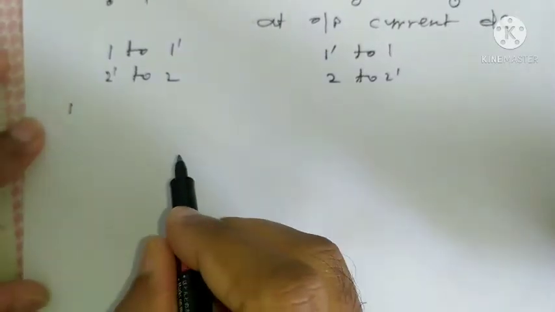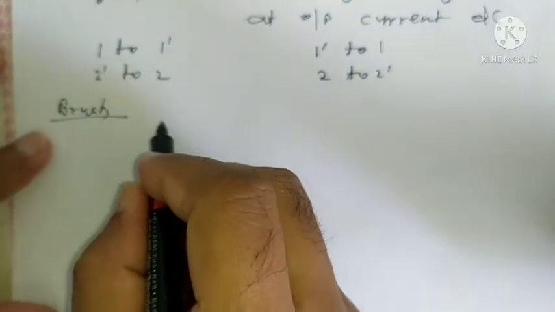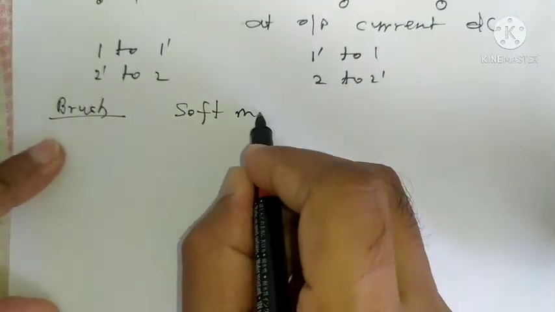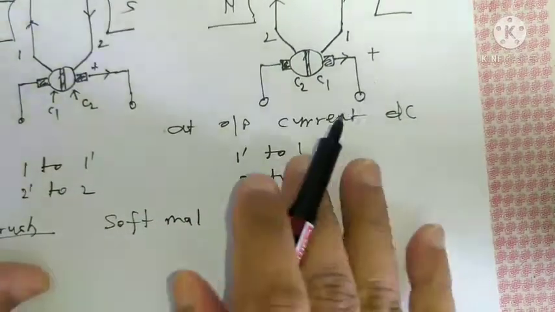Now the last part is the brush. Brushes are made up of soft material to avoid wear and tear because they are connected at the commutator segments.